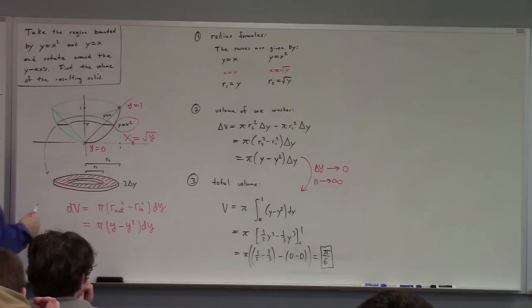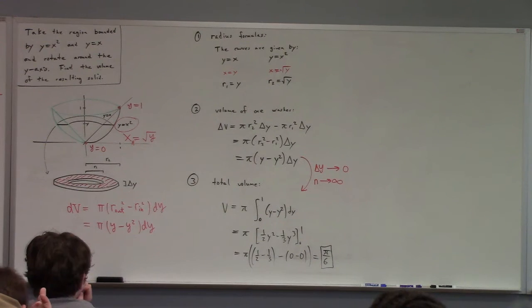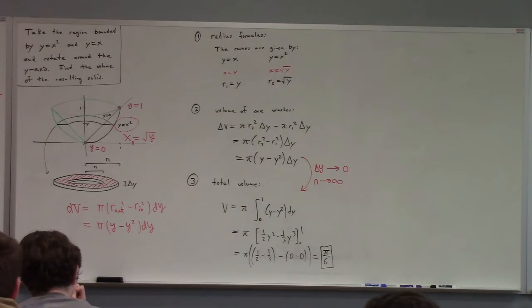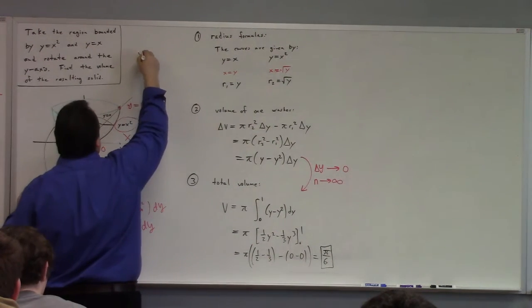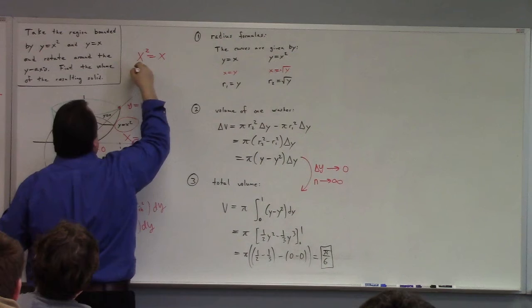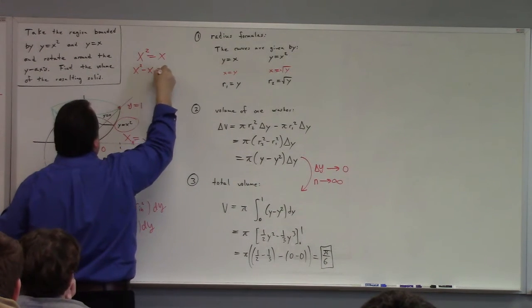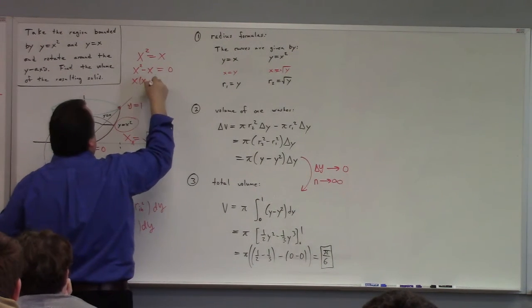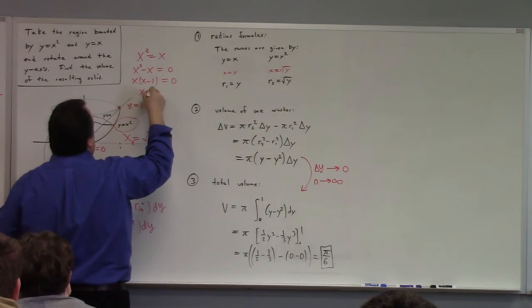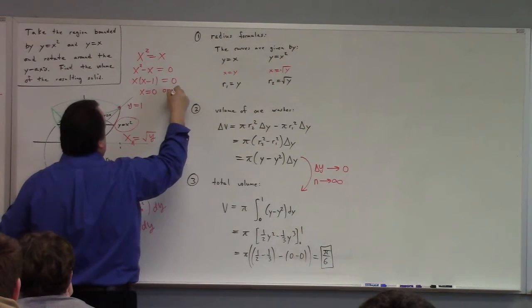How would you find those? You need to solve for the intersection. You set the different curves equal. For instance, where is x squared equal to x for this one? So x squared minus x equals 0, which gives us x times (x minus 1) equals 0, which gives x equals 0 or x equals 1.